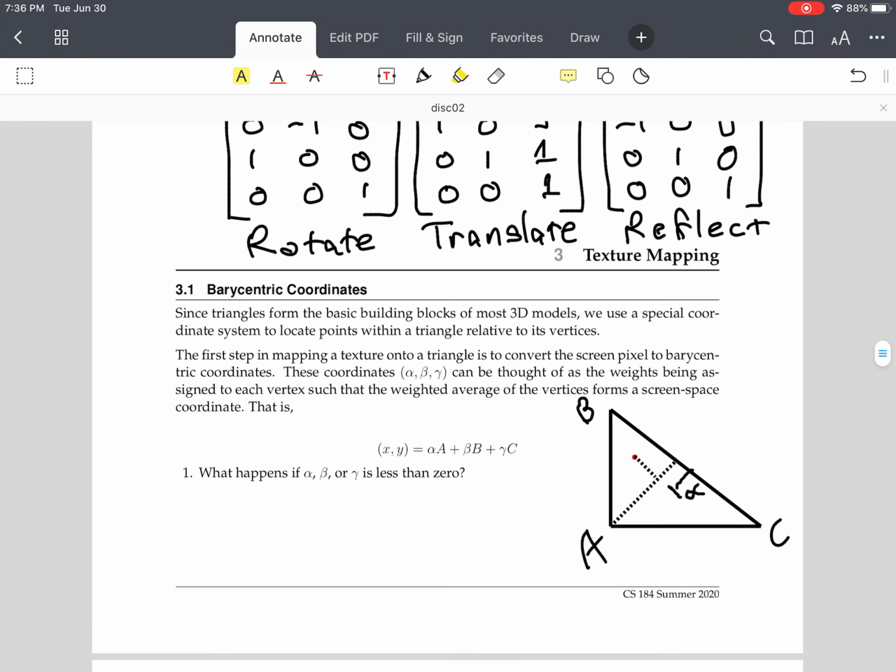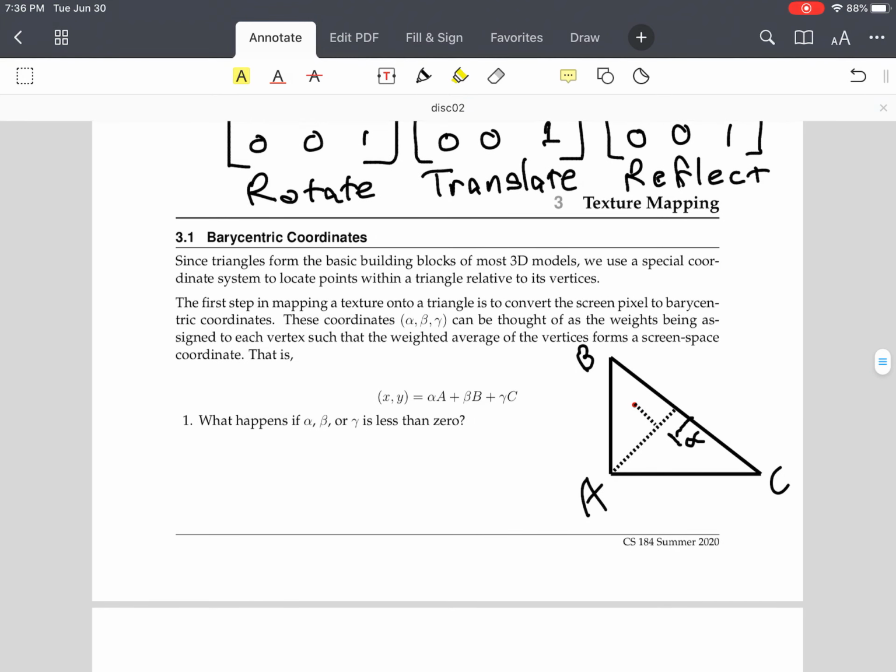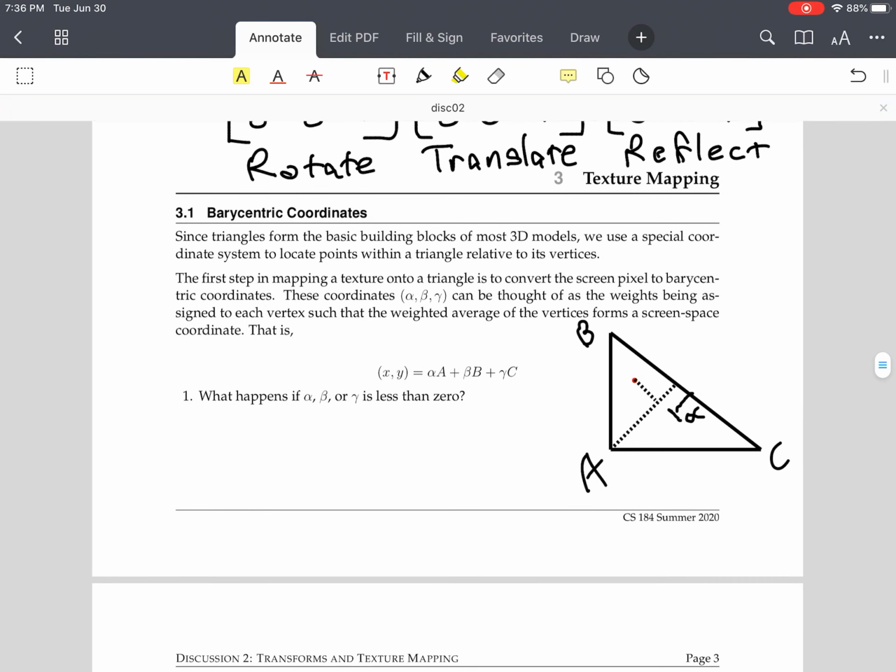So next up, now we're going to talk about texture mapping. So one of the pretty key tools that we use throughout this class, not just in texture mapping, is barycentric coordinates. And so barycentric coordinates are essentially a special coordinate system to locate points within a triangle relative to its vertices. So barycentric coordinates are 3 coordinates.